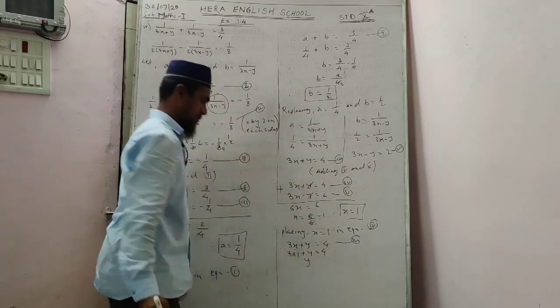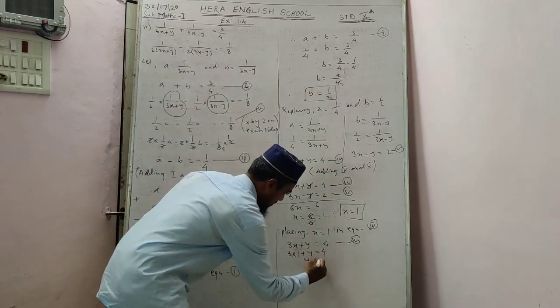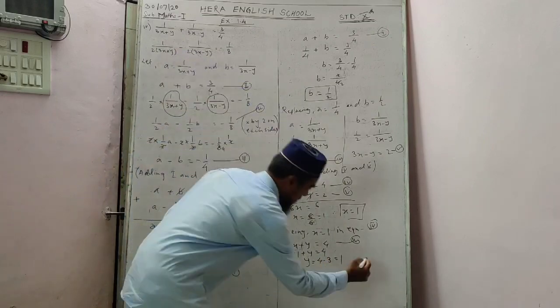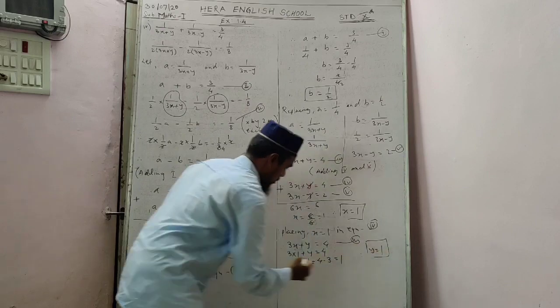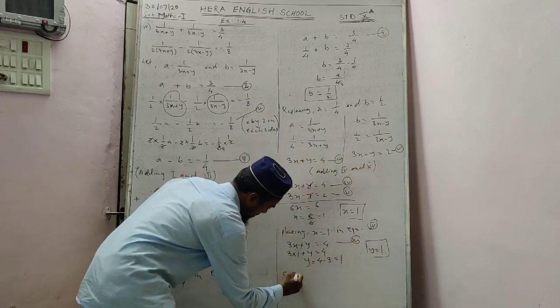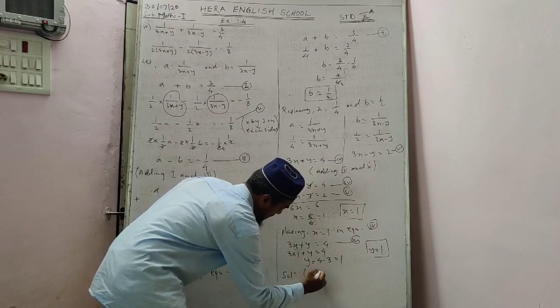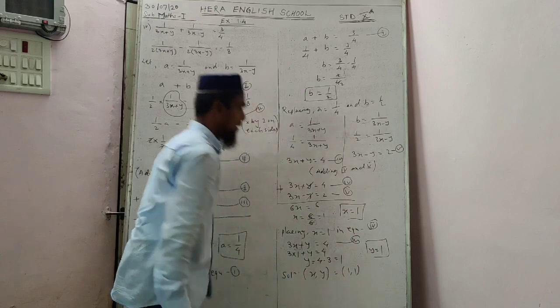Y will be as it is, 3 plus y, bring 3 to the right side, minus 3, means 4 minus 3, you will get the value of y as 1. Means we got the value of y is equal to 1. Here we got the solution, x comma y, that is 1 comma 1 is our answer.